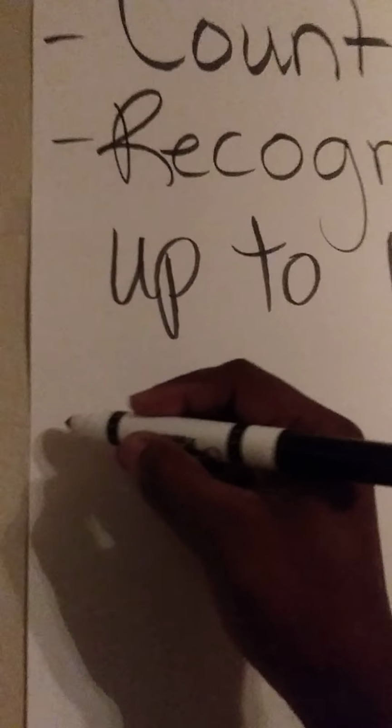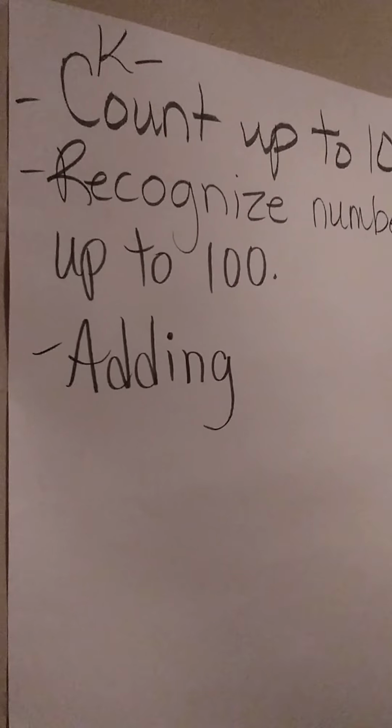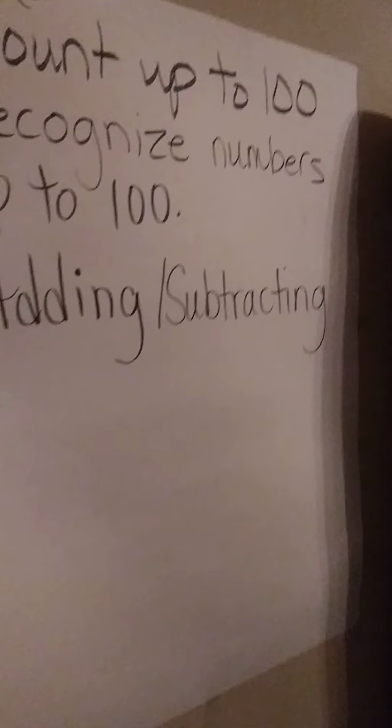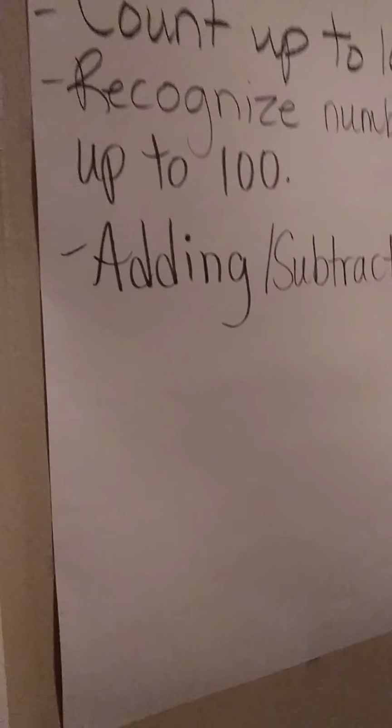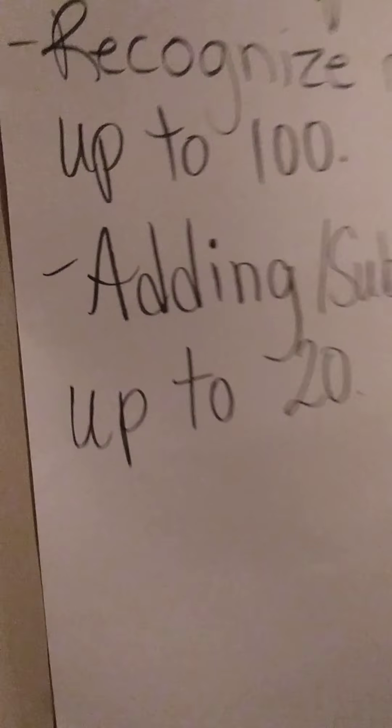Okay? Now, as far as adding and subtracting, yes, they should be able to complete adding problems and subtracting problems. Okay? They should be able to add and subtract up to, we'll say, it's really 19, but we'll say up to 20.